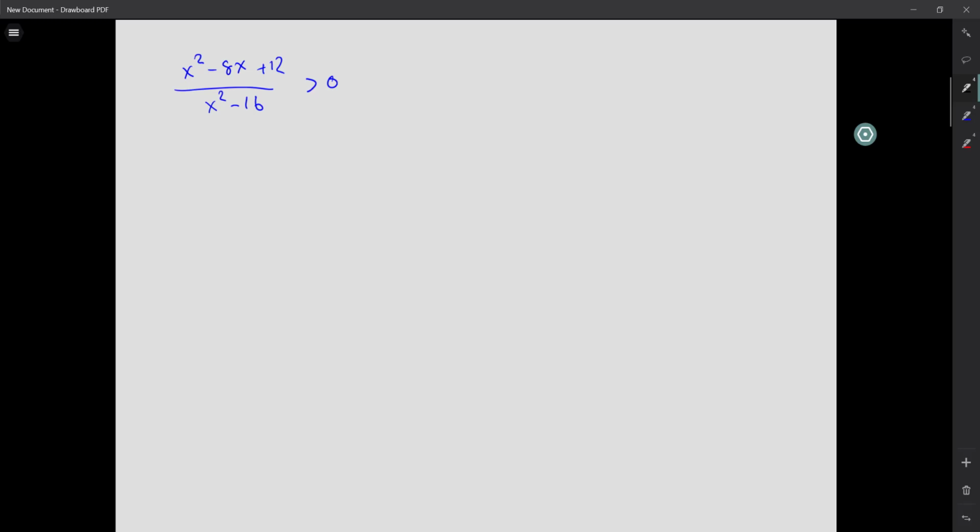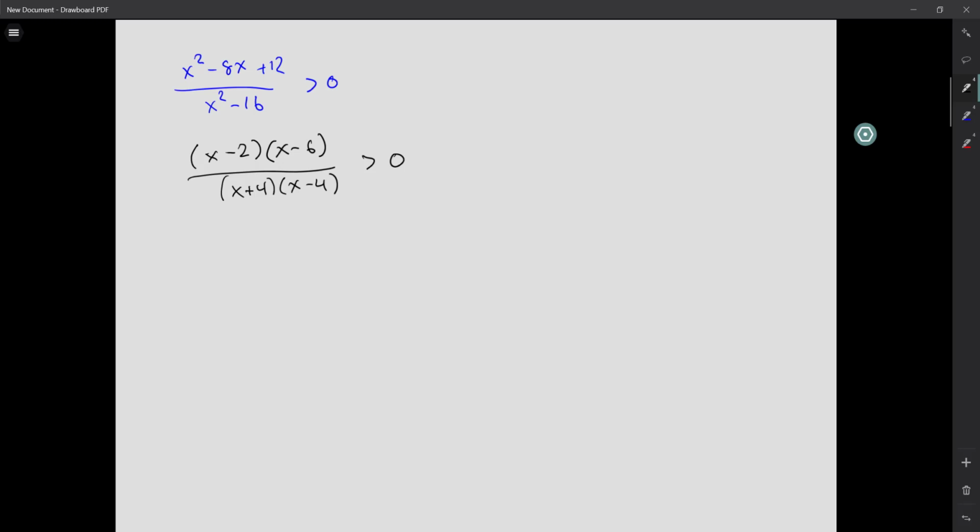The first thing I ever want to do with rational functions or with polynomials is to factor them. So let's see. I can do x minus 2 and x minus 6. And I'll have x plus 4 times x minus 4 on the denominator. I'm looking for when that is greater than 0.